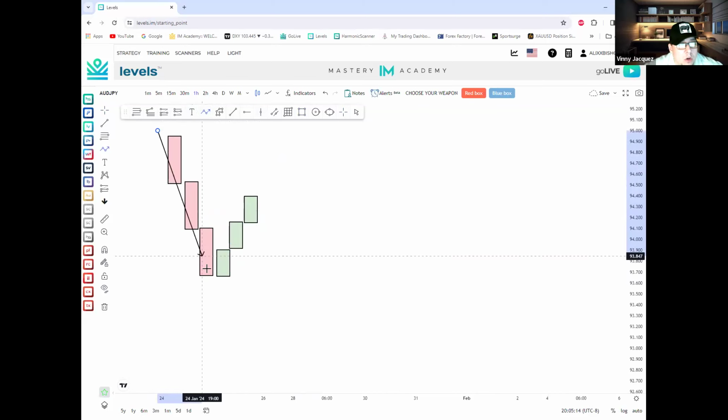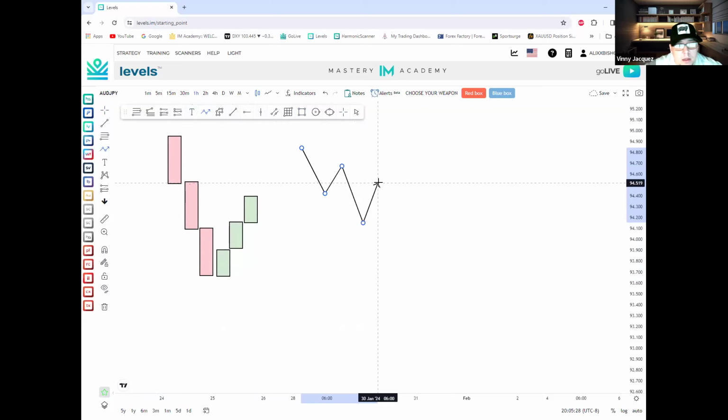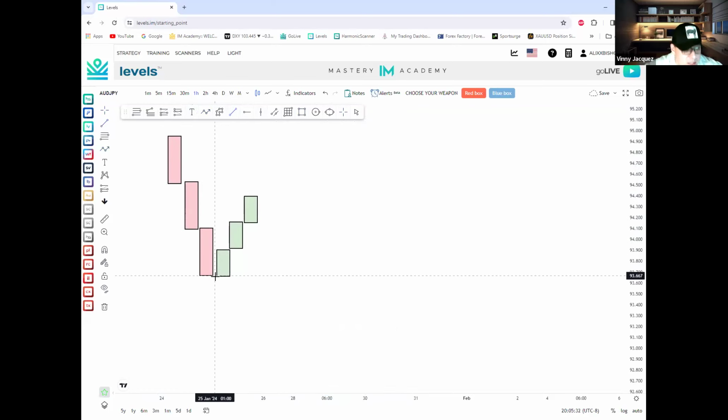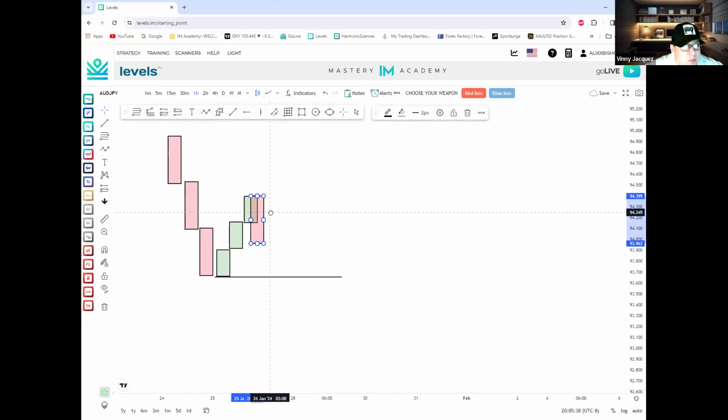We have a lower low because market's downtrending, and market's pulling back to create a lower high. In order to continue trend, market's pulling back, breaking structure, pulling back, breaking structure. We have to break this structure to the downside, right?